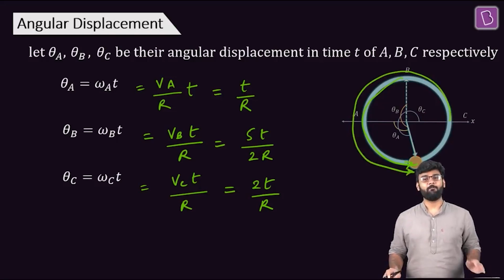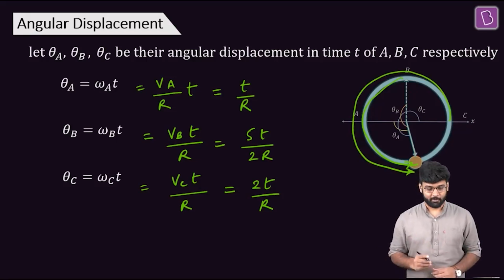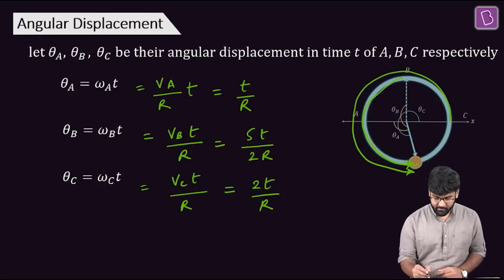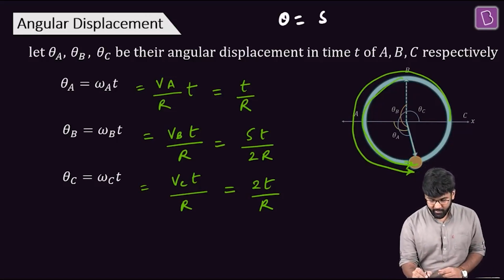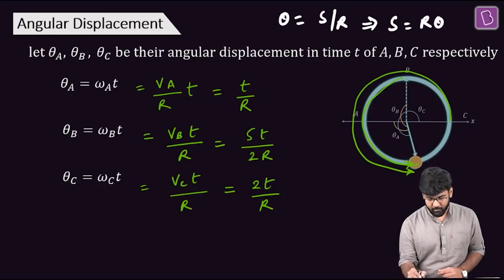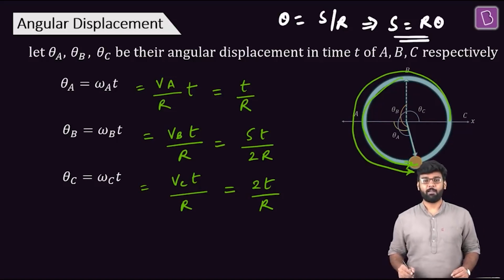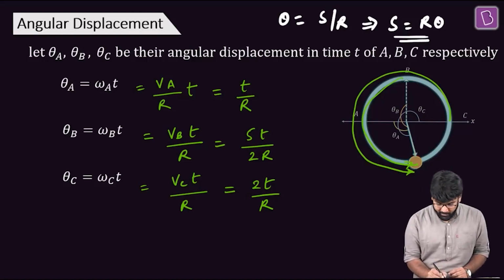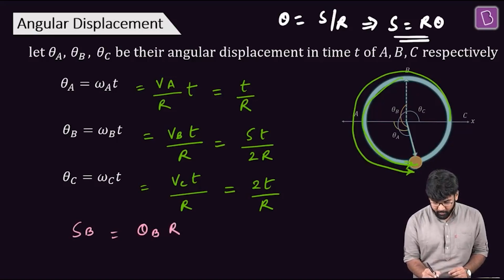Now we know that we can relate this arc length with the theta or the angle, and that relation is theta is equals to S by R, or S is equals to R theta. So from this relation we can write S of B as theta of B into R and S of C as theta of C into R.